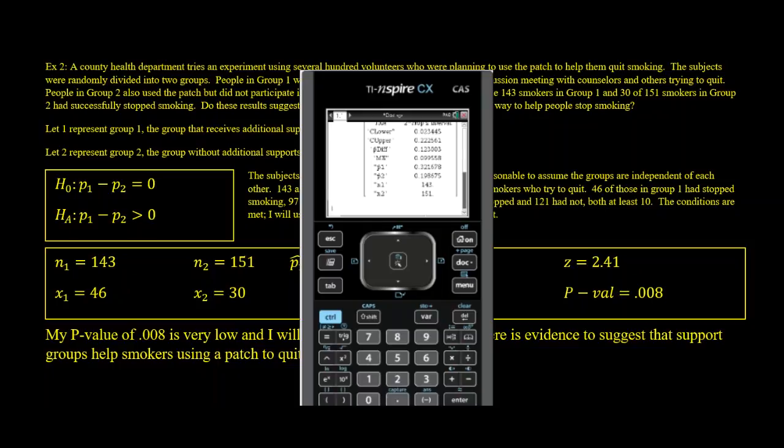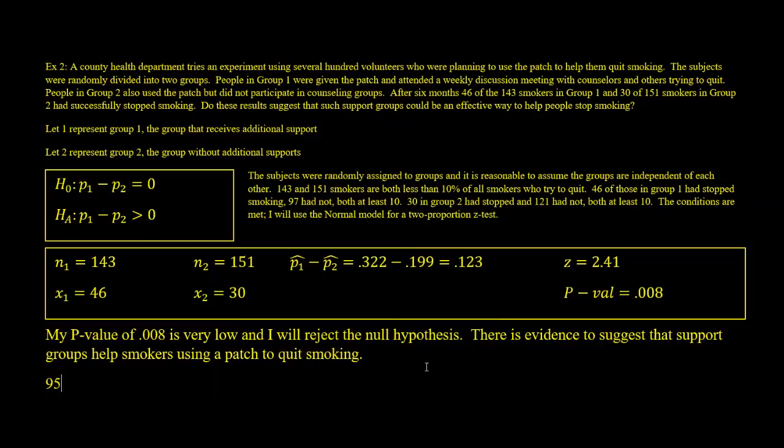So our 95% confidence interval will be 0.023 to 0.223. So I am 95% confident that support groups can improve the proportion of smokers who quit smoking by using a nicotine patch by between 2.3% and 22.3%.